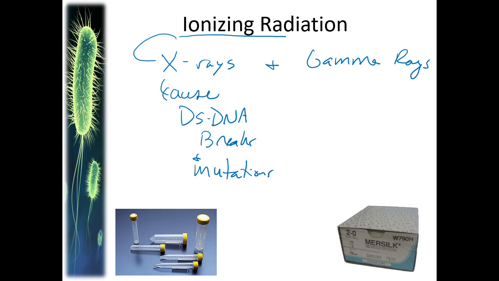So lots of the things that you interact with that come wrapped in paper, like bandages, gauze pads, the tubes that we use in the lab, are sterilized by ionizing radiation.